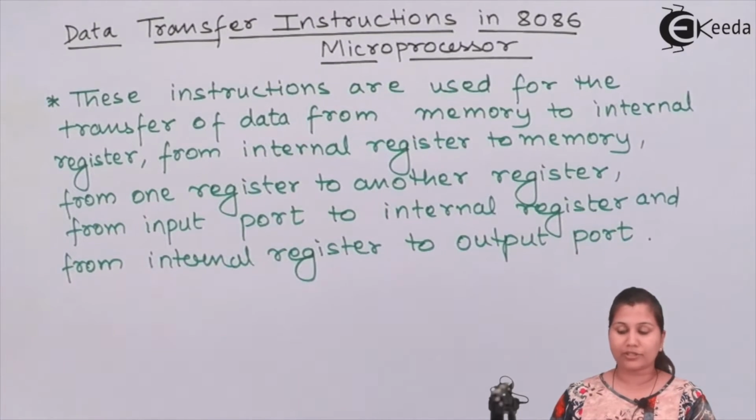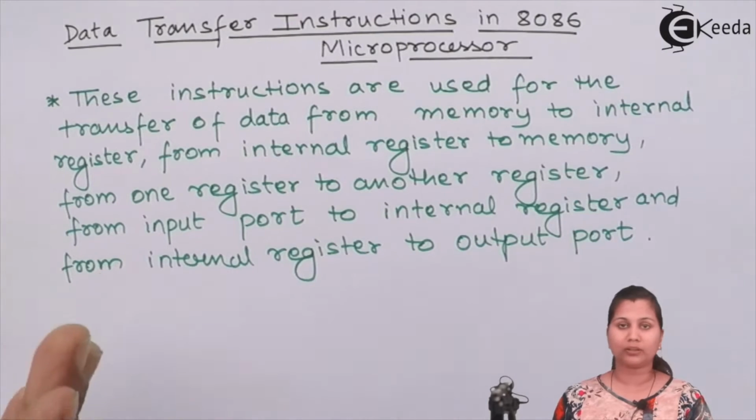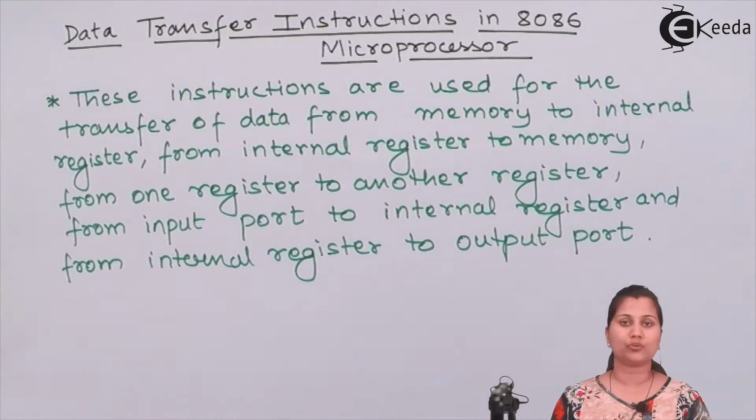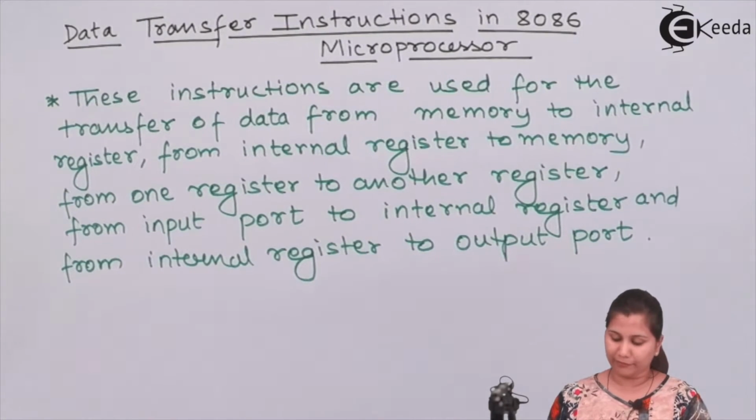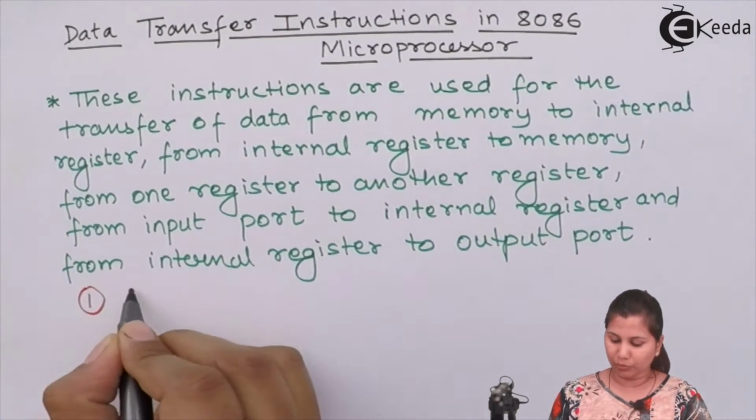Depending upon the source and the destination, whether memory, register, internal register, input port or output port is chosen, we have various data transfer instructions. First is the move instruction.